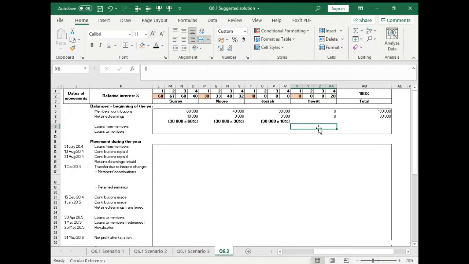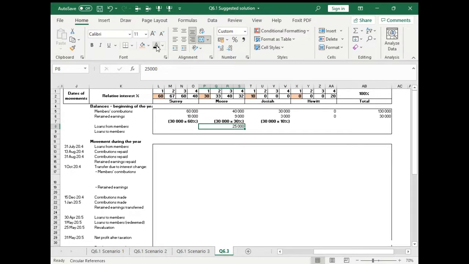Then included in that balance, because we're looking at the net investment, we said we have to adjust it for loans to and loans from members. So that's why there's loans from members, loans to members. Based on the information, they tell you the loan from Moore was 25,000. So Moore made a loan of 25,000.